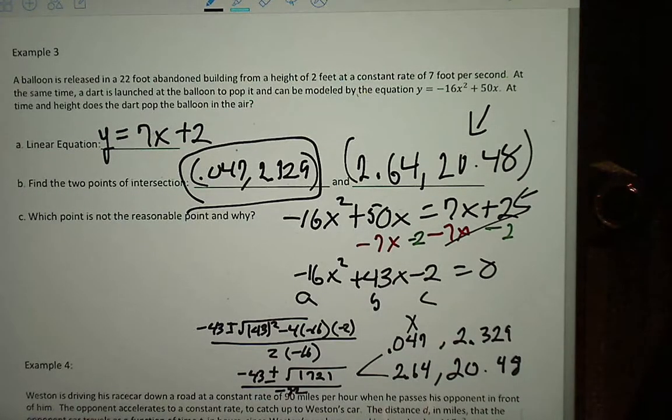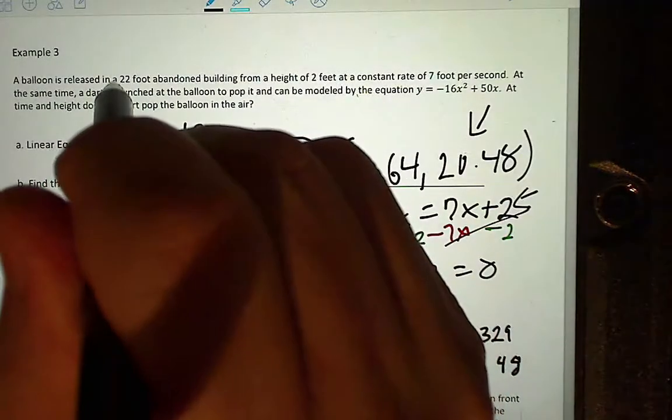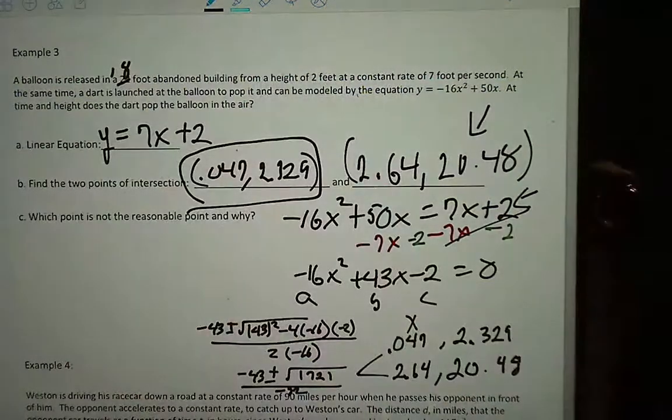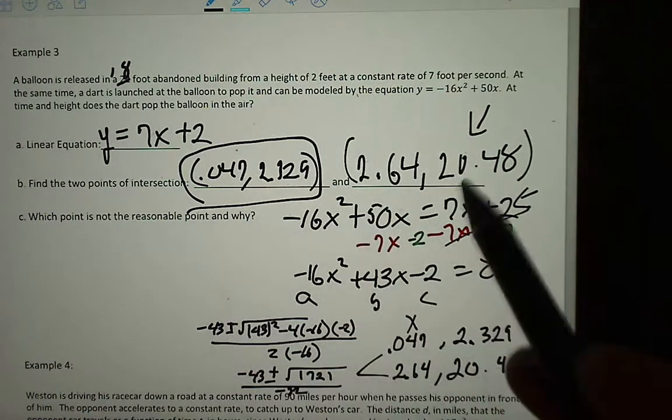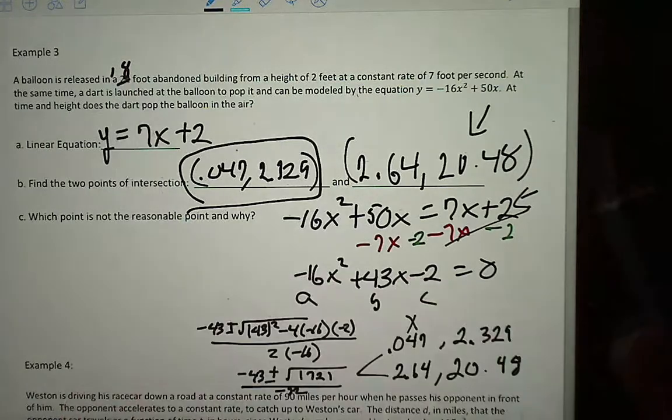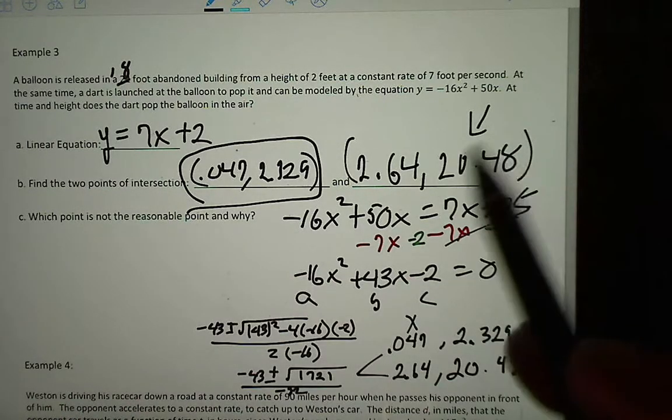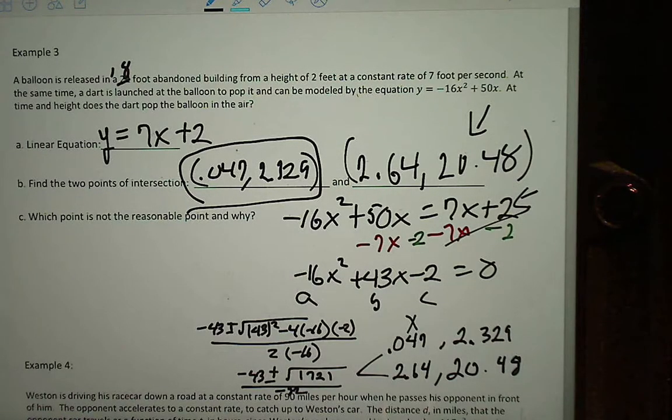So that would be the only point I would need. I'm going to change this so that it's supposed to be less than 20.48. But that's basically what the answer is supposed to be: this one doesn't make sense because the building is only 18 feet tall, and this is showing you a height of 20.48 feet. So I apologize for that.